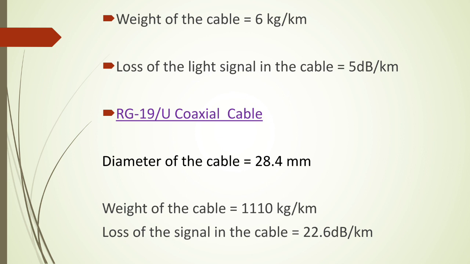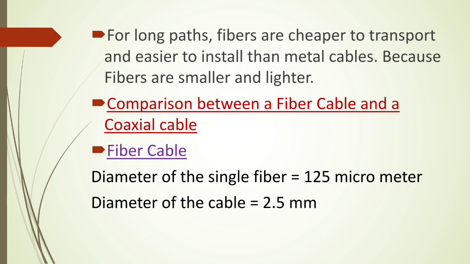So you see, the weight of the fiber cable is 6 kilogram per kilometer, and the weight of the coaxial cable is 1110 kilogram per kilometer. This is why we say that for long paths, fibers are cheaper to transport and easier to install because fibers are smaller and lighter.